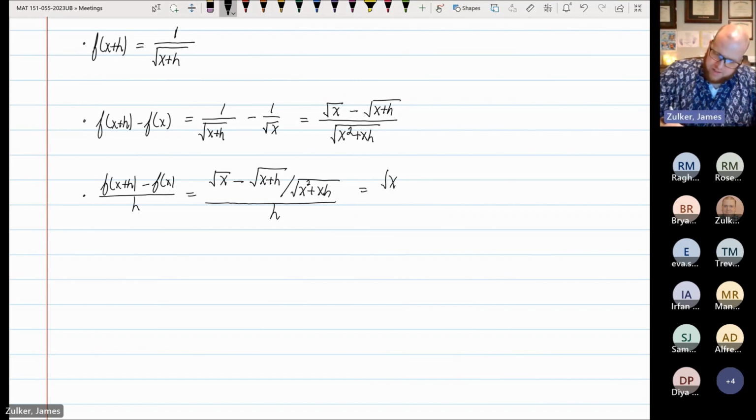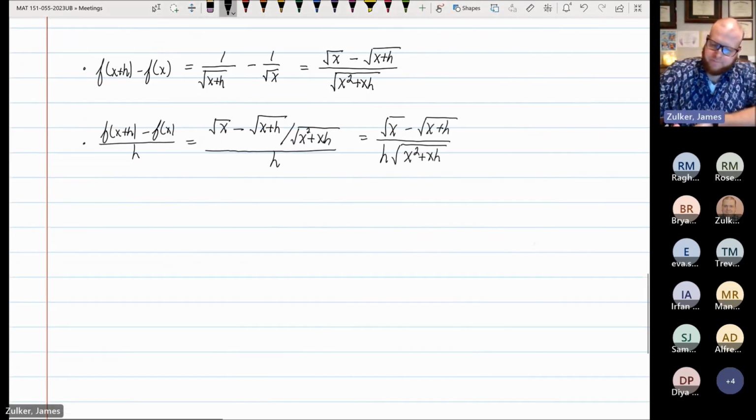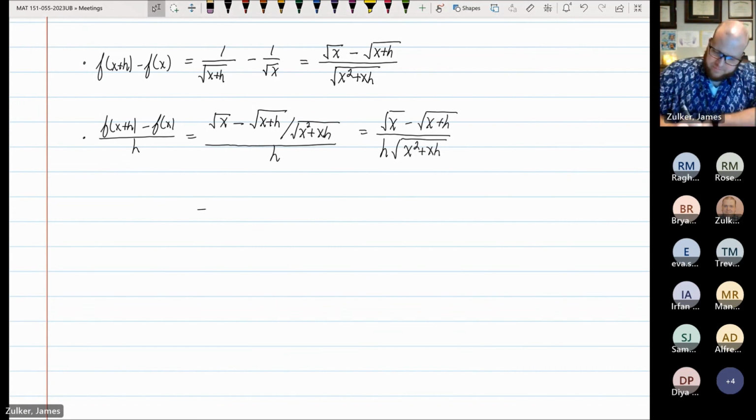I'm just going to rewrite it. Now we're going to need to rationalize this. Specifically, we're rationalizing the numerator.